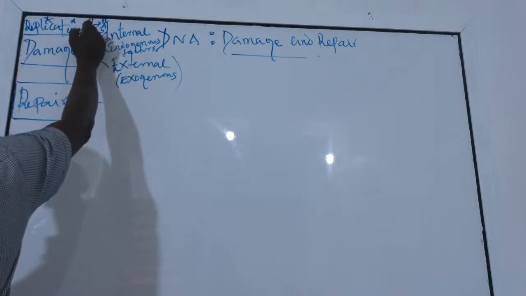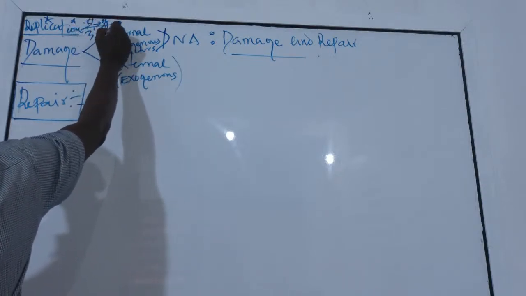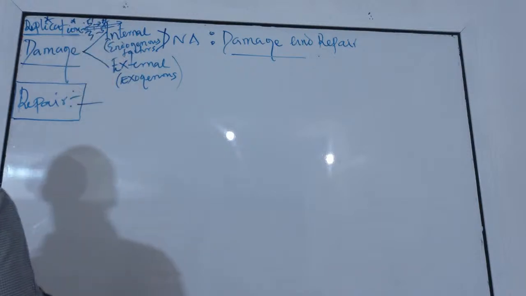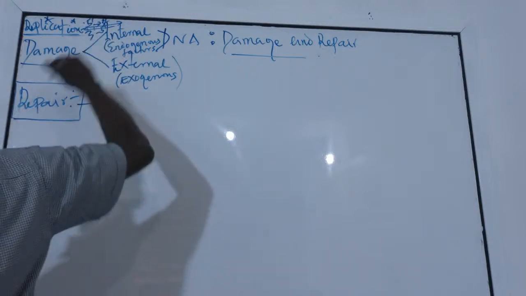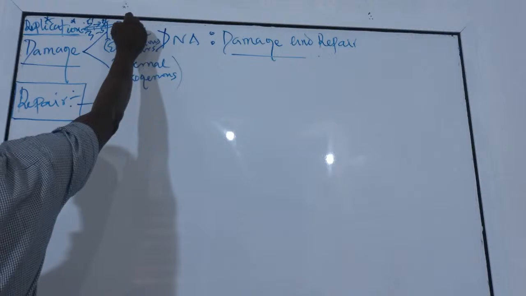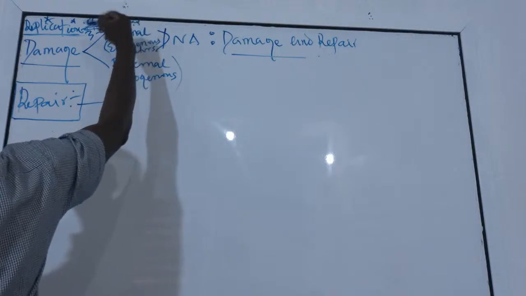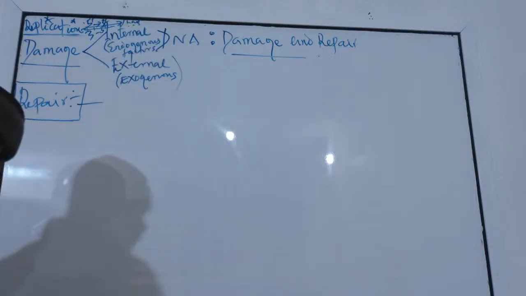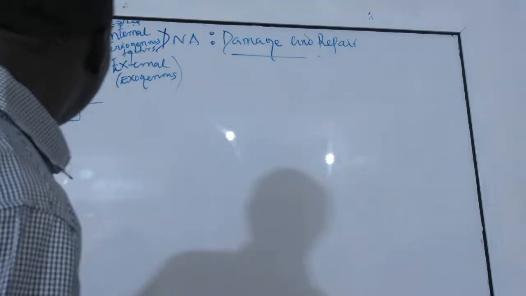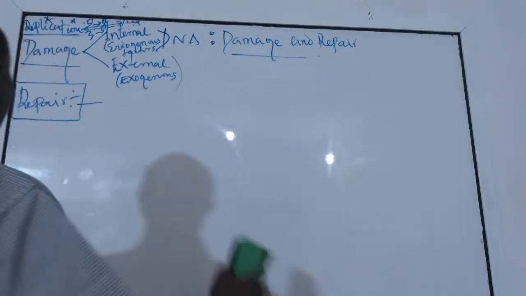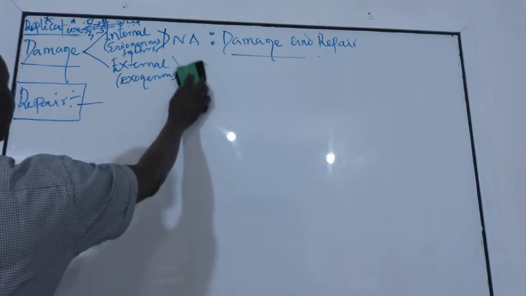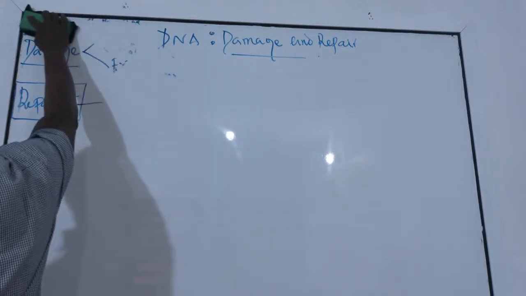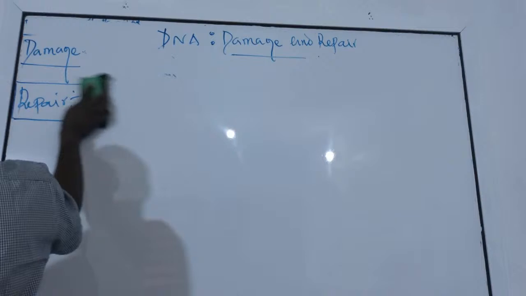So the way this one will undergo replication will be quite different from the way this one is going to undergo replication, and that's why you have what is called a lagging strand and leading strand. We are going to see all this when we consider the mechanism of DNA replication.